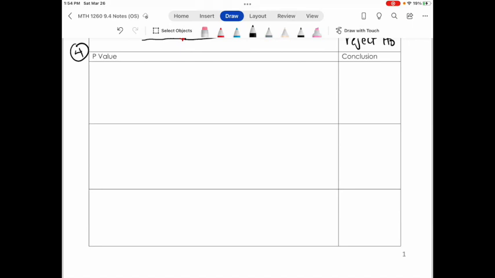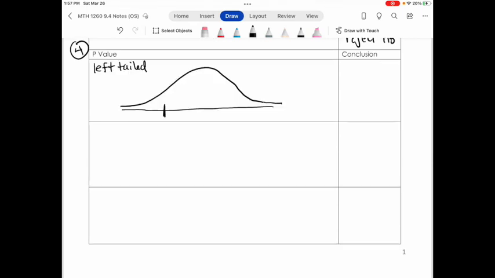So let's go through and look at the 3 situations with each of the kinds of tests and how we're going to handle it with left, right, and two-tailed. So when we calculate the p-value, what we're doing is we're finding our test statistic, which will give us a cutoff point.